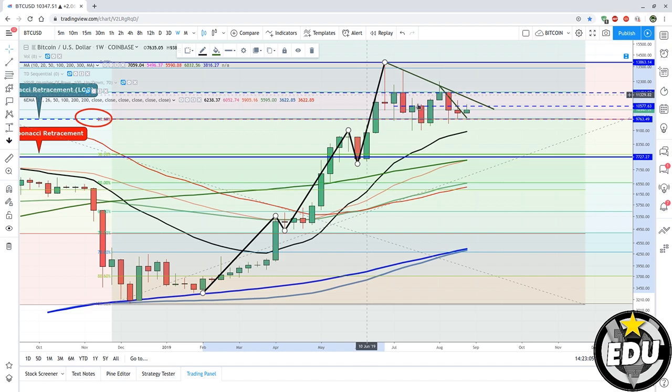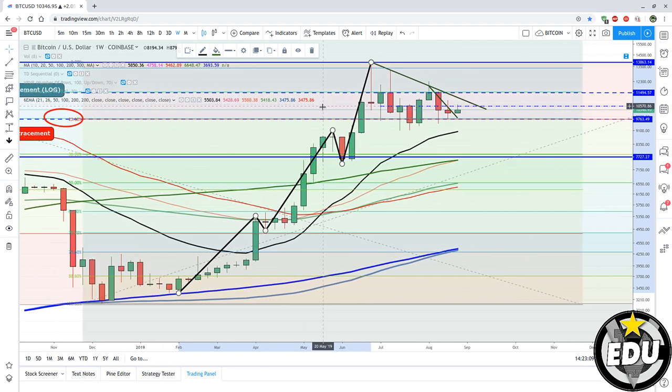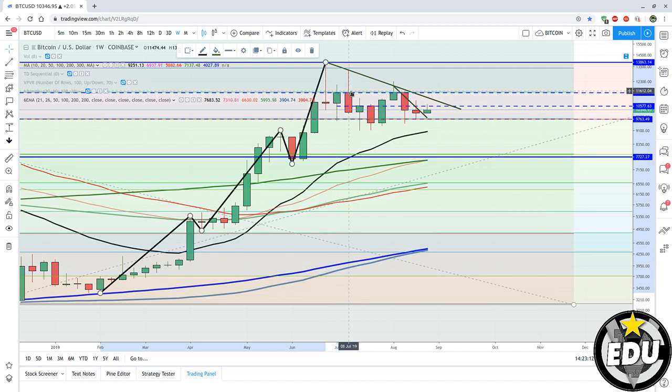You guys can see the level of 78.6%, no candle closed above it. They tried, sellers pushed. They tried, pushed down, tried again, pushed down. So sellers came in strong, pushing the price down about 30%.